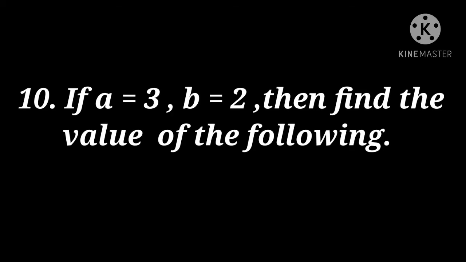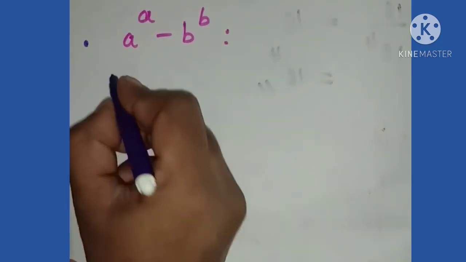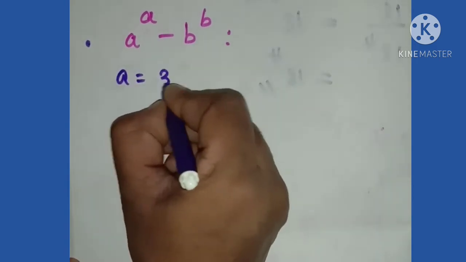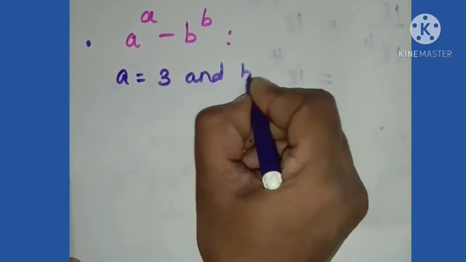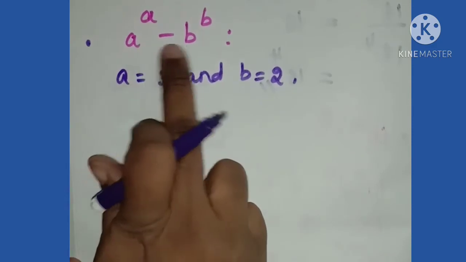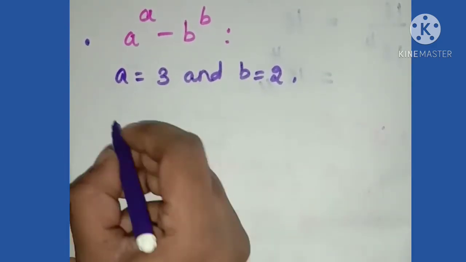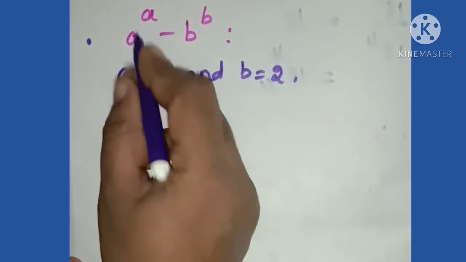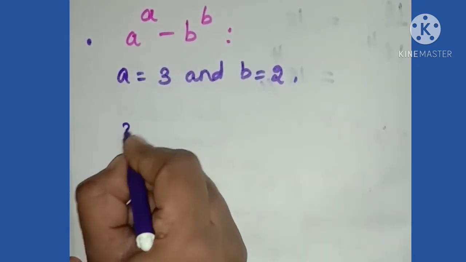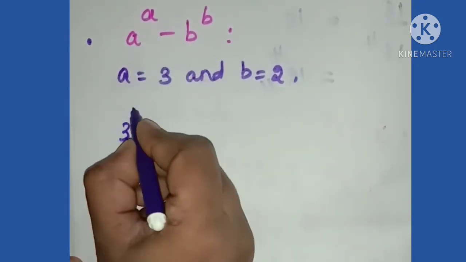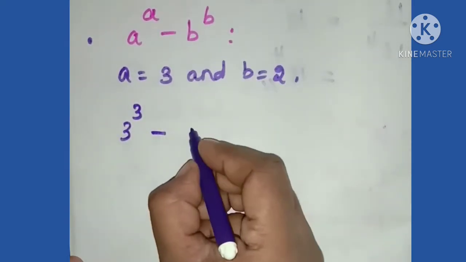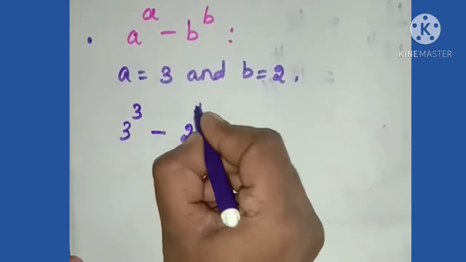10th problem. If a is equal to 3 and b is equal to 2, then find the value of the following: a power a minus b power b. Okay. So for that, first substitute the values. a is 3, power 3, minus b power b, that is 2 power 2.